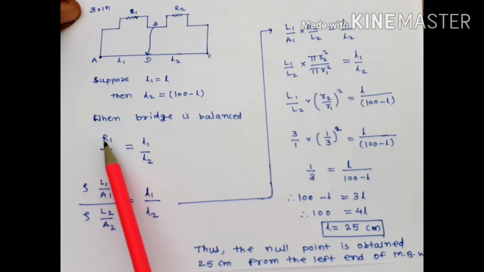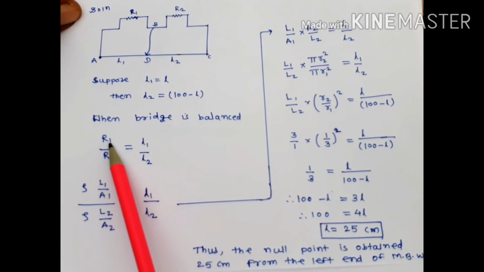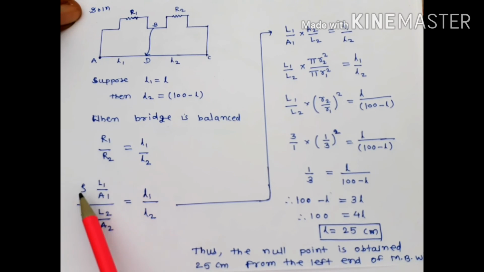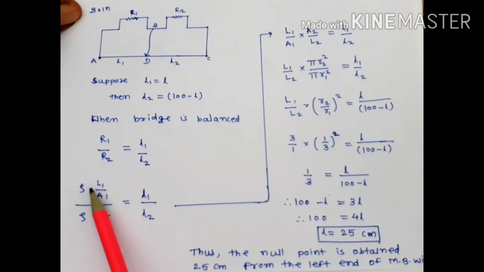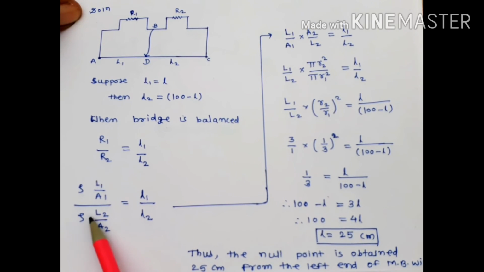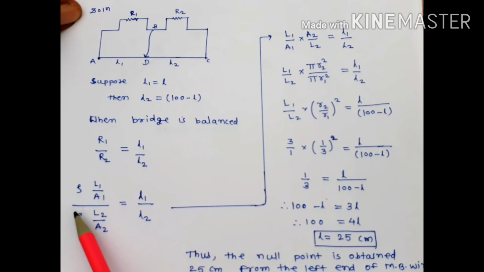We know the relation between resistance and specific resistance, capital R is equal to rho L divided by A. For R1, it is equal to rho into L1 divided by A1. Rho is specific resistance, capital L is length of the conductor, A is area of cross section. For R1, rho L1 divided by A1, and for R2, rho into L2 divided by A2.